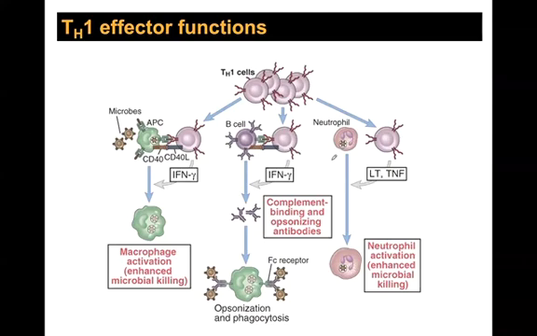Now, the other thing it'll do is it'll activate a lot of the other sort of innate cells. And it does this through the tumor necrosis factor, TNF pathway. So the two main cytokines that a Th1 cell makes, the main one is interferon gamma. The second one is TNF. And you've already seen this. TNF signals on cells to either activate them or kill them, right?